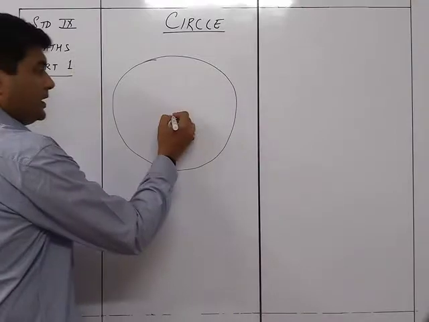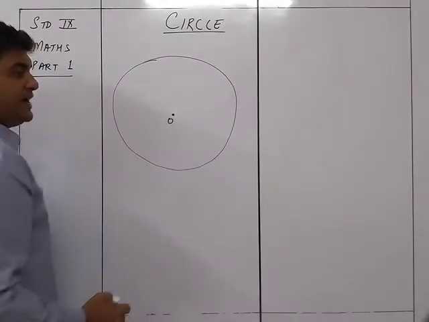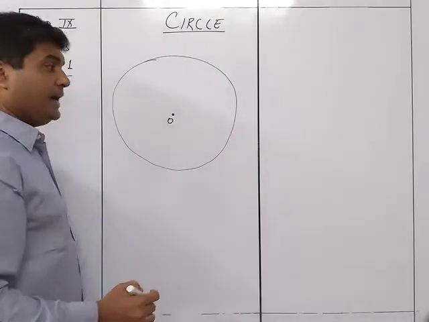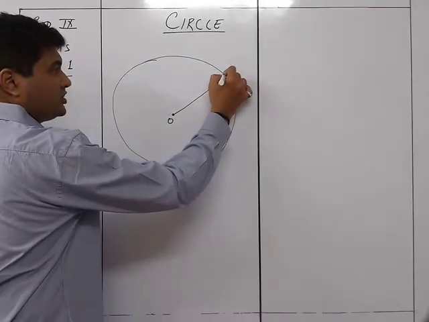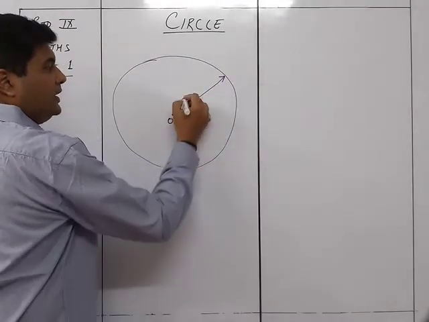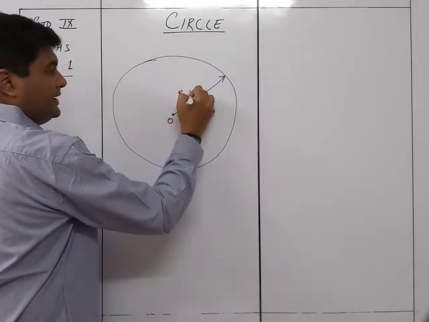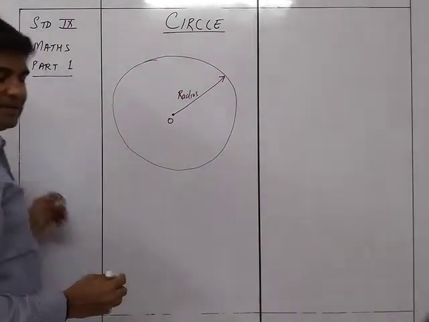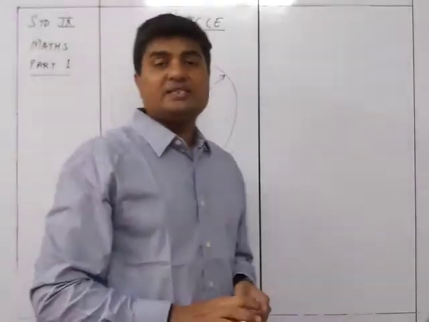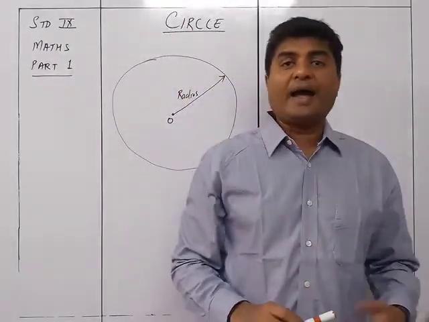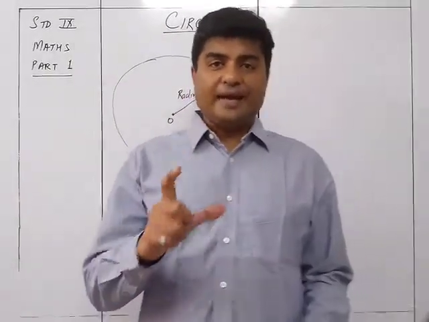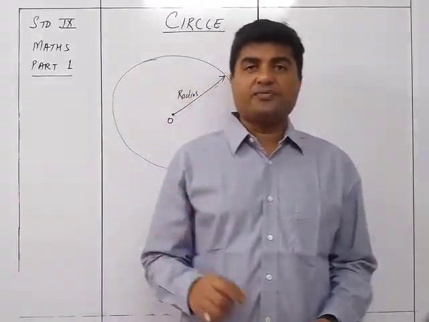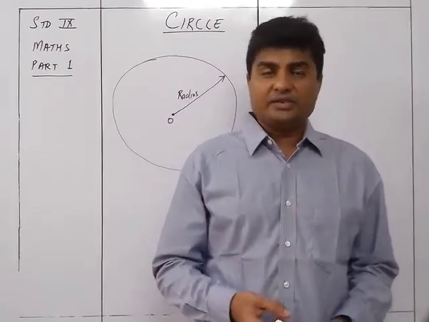That particular point is the center of the circle, and the distance of any point on the circle from the center is equal, and that is called the radius. So the radius is the distance between the center of the circle and the circumference of that circle.